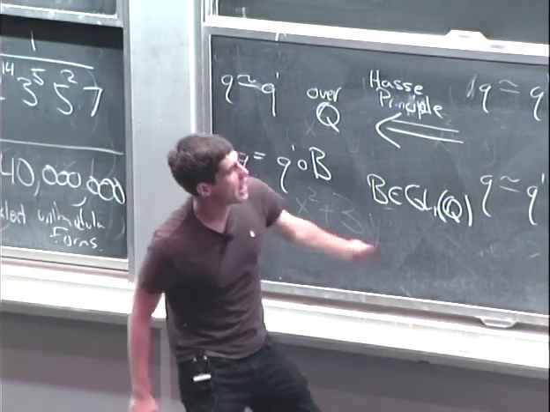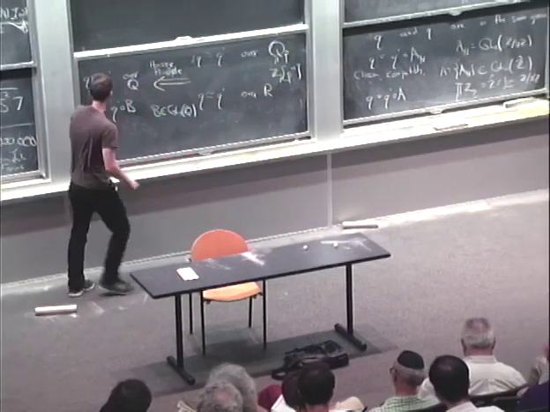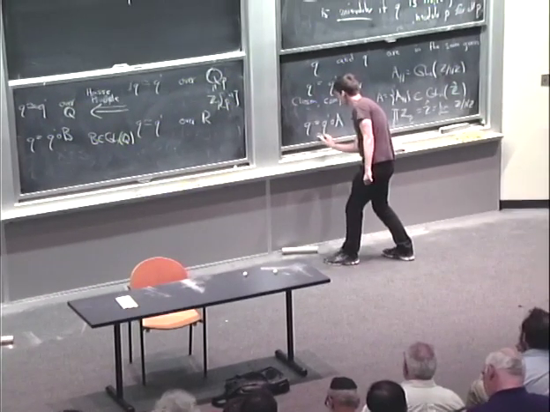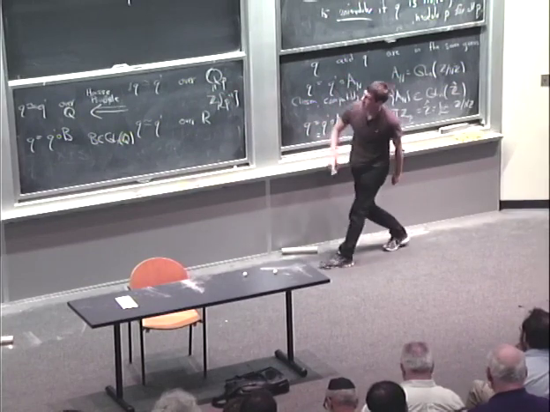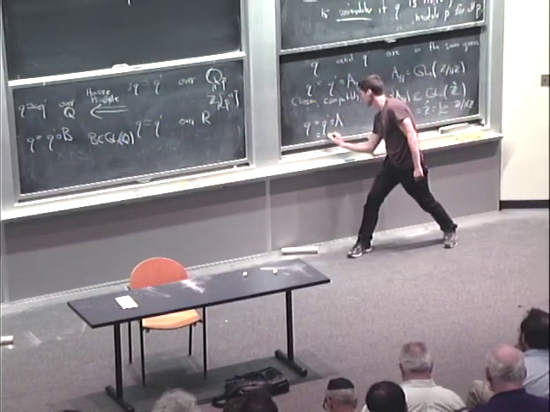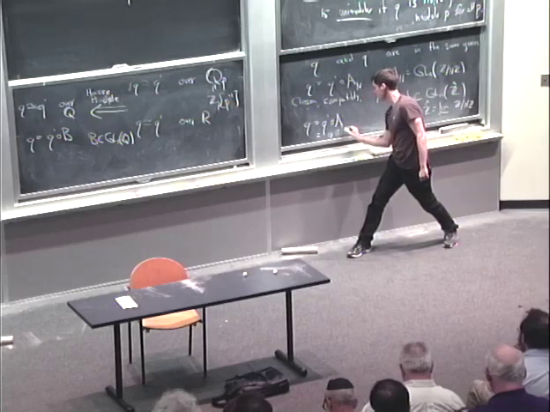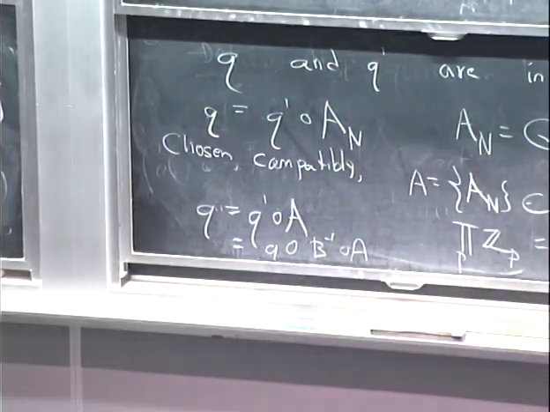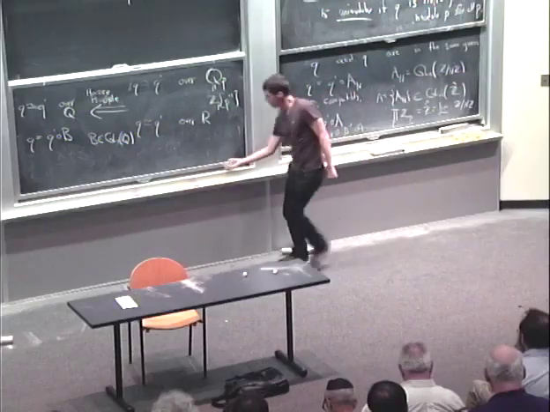All right, so let's combine these two facts. Q is Q prime composed with A, and I can write Q prime as Q composed with B inverse. So Q is Q composed with B inverse composed with A. So what does that tell us?